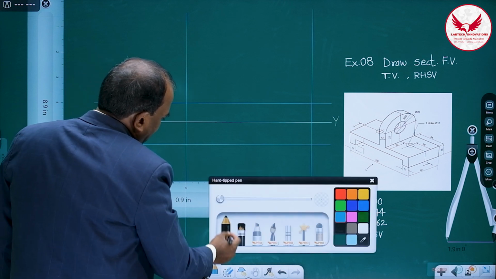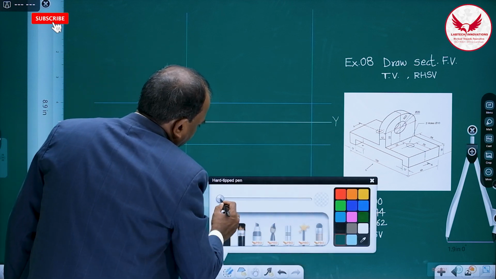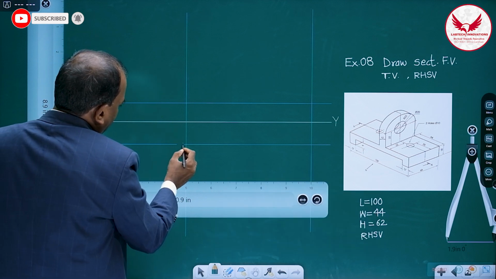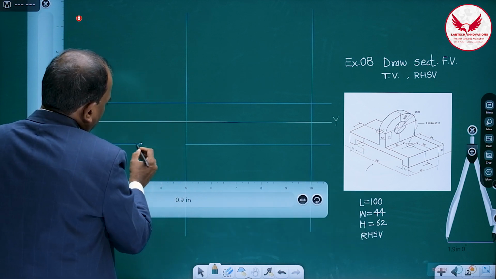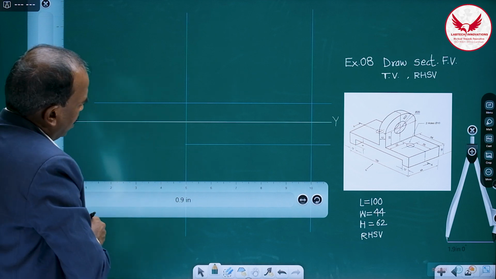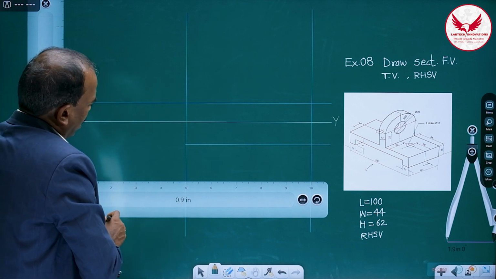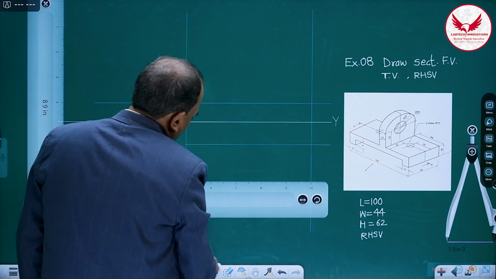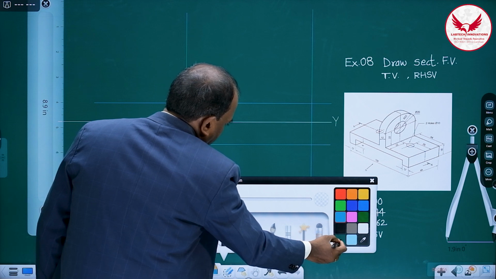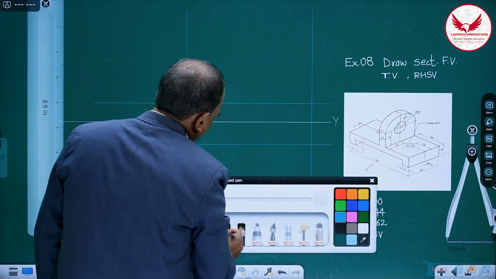Then before that, you remove this third line towards the left. So on this side nothing will be there. The front view will be on and the top view will be on the right hand side, not on the left hand side. Remove this. The next is the width of the object. Width of the object is how much?